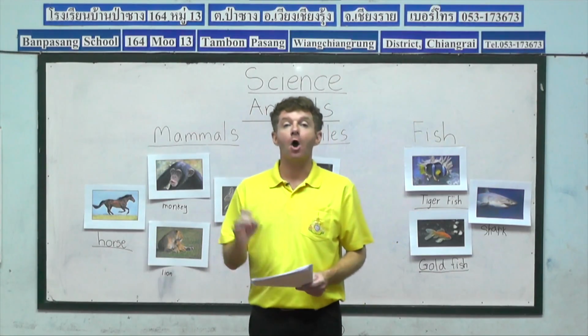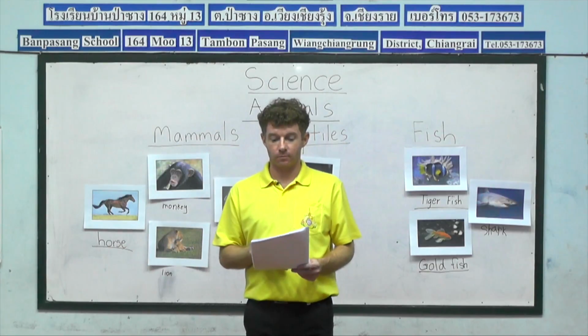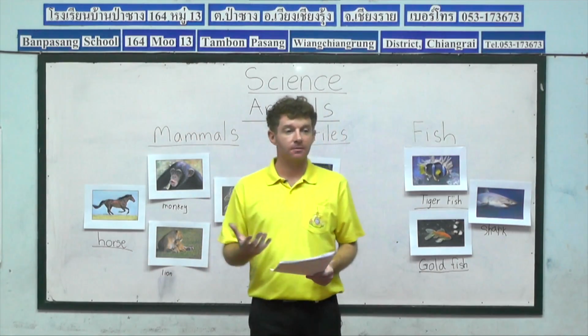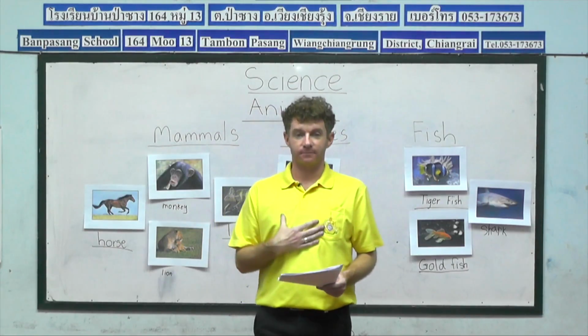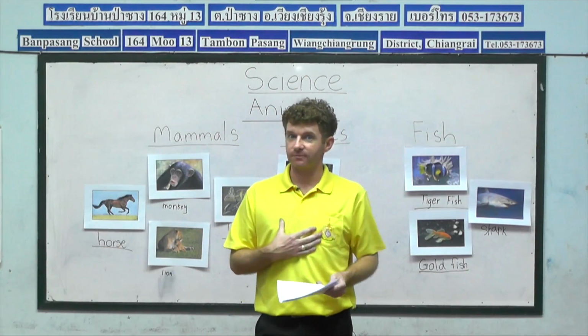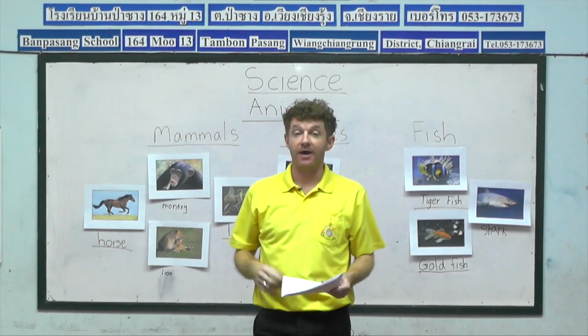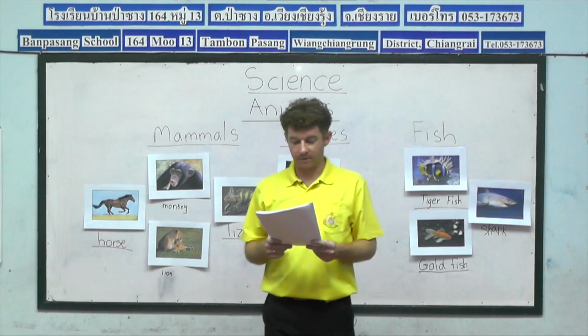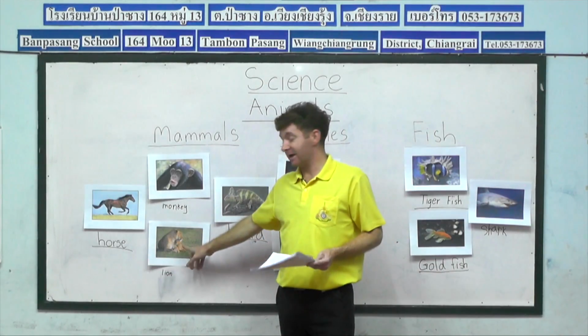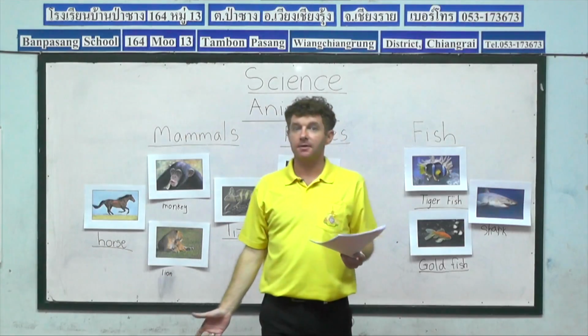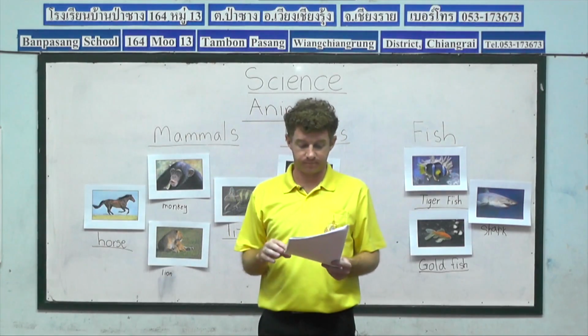Mammals are warm-blooded animals that breathe with their lungs. Mammals have hair or fur on their bodies. Mammals give birth to their babies and care for them.